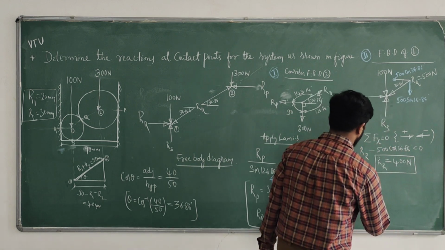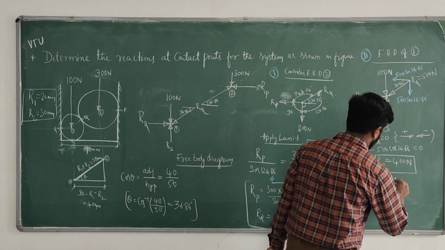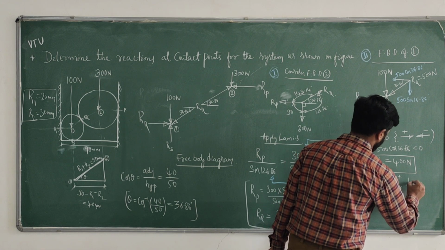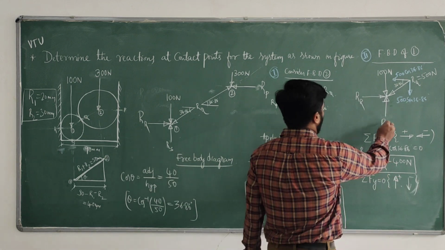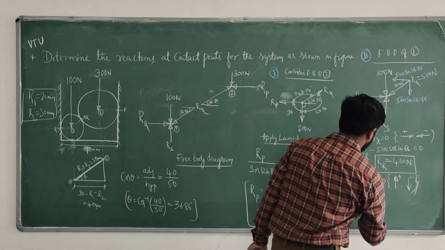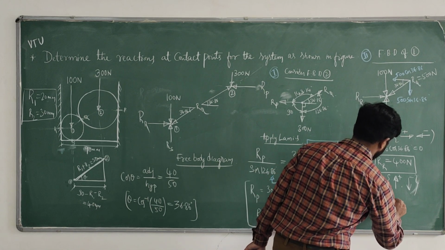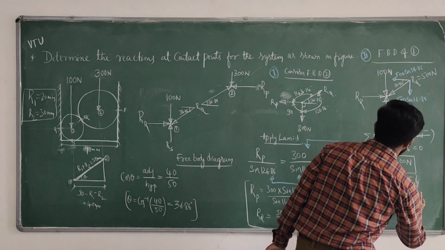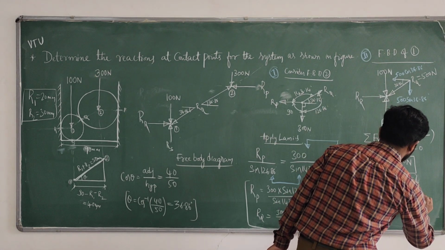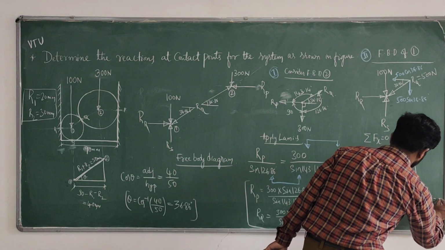Next, apply sigma Fy equals 0. For this, all upward forces are positive and downward forces are negative. Now we are having 3 forces. Therefore, minus 100 plus RS minus 500 sin 36.86 equals 0.